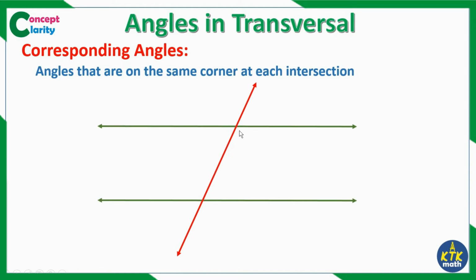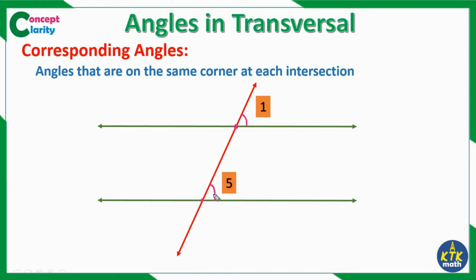As I told you, there were 8 angles formed. Now check the locations of 1 and 5. Both angles are in the same location. From this vertex, this one lies on the right side top. In the same way, from this vertex, this angle is located on the right side top.